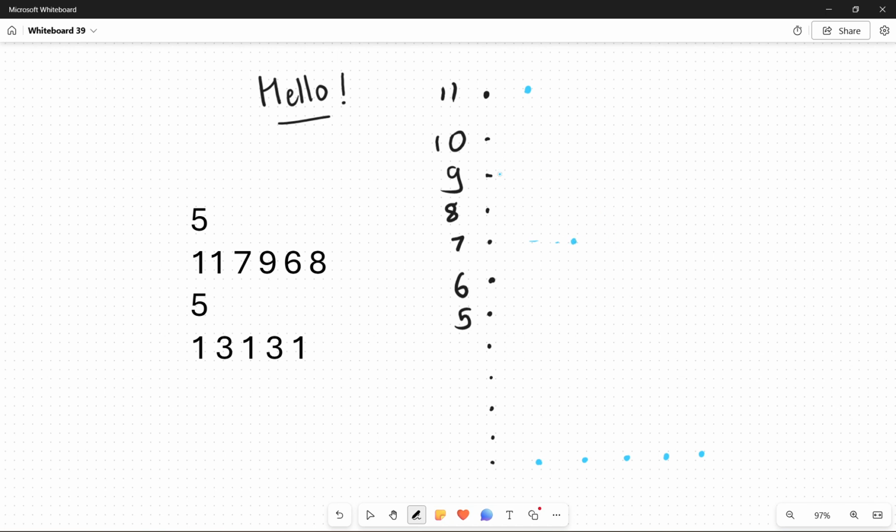And what about 9? 9 is here, 6 is here, and what about 8? Right here. So our graph is somewhat like this, if we consider it as a graph.